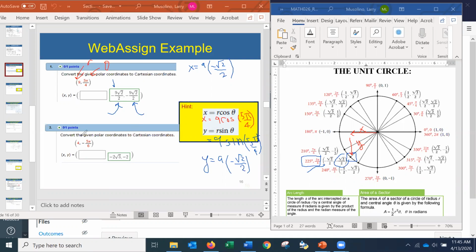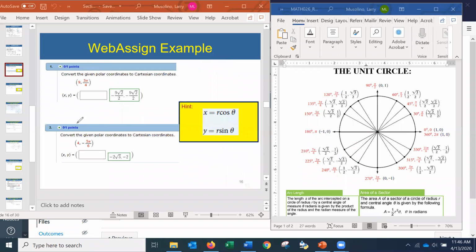The angle they're giving me down here is, so our R value here is 4, and our angle theta is negative 5 pi over 6. All right, let me change that into a positive angle.